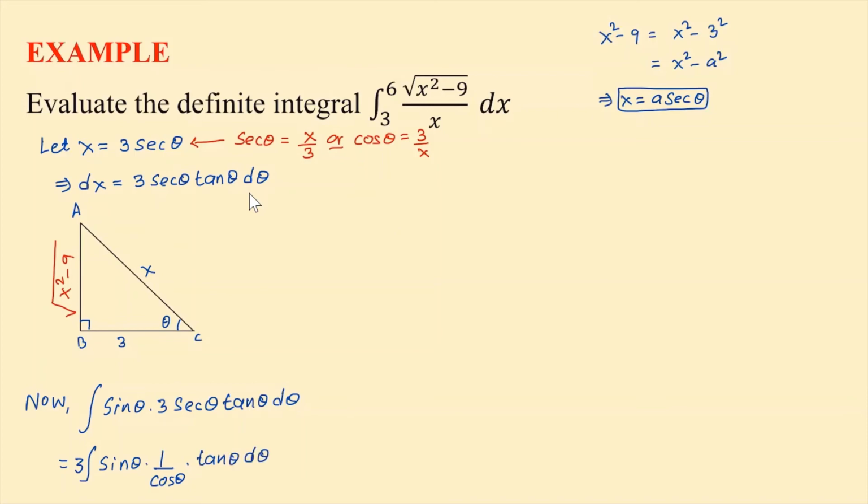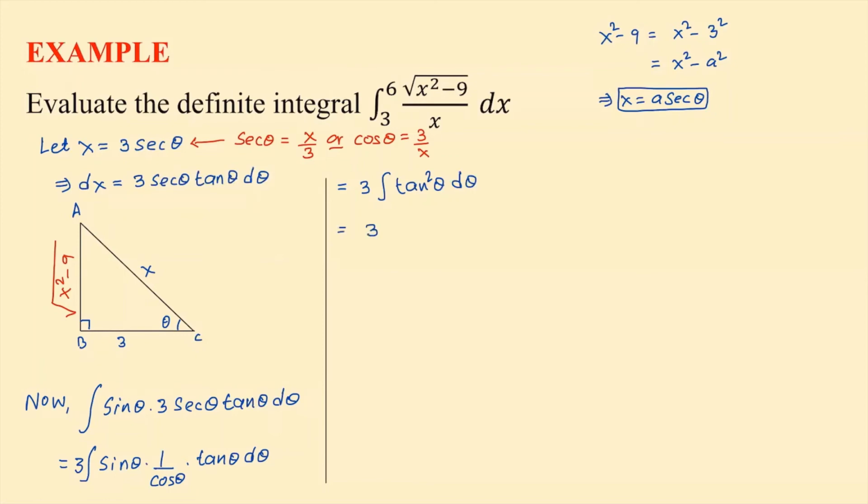So we are just simplifying the integrand there. That is equal to, we can keep that 3 outside. And over here we have sine over cosine. Sine theta times 1 over cosine theta is sine over cosine, which is tangent. Multiplied by another tangent theta is tangent squared theta d theta.